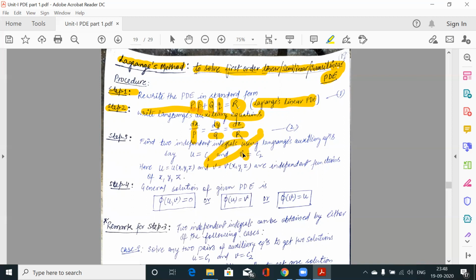Now, what is the next step? Step 3. We have to find two independent solutions. These are three equations: dx over P, dy over Q, dz over R. Now, suppose... now what is our next step?